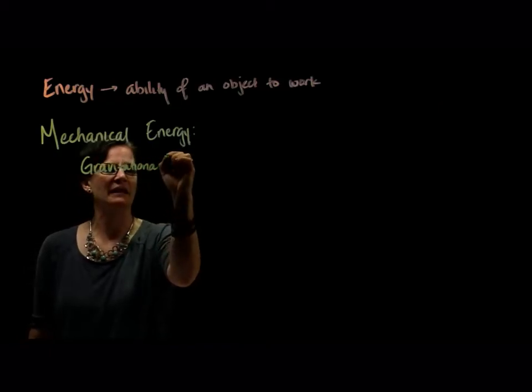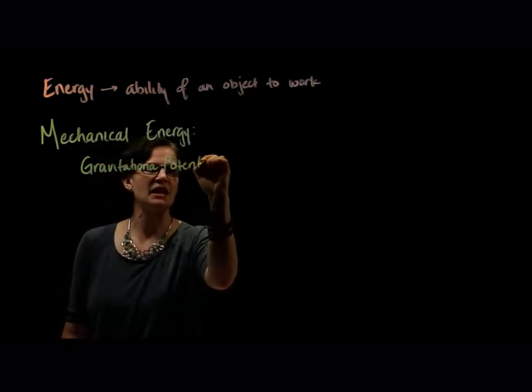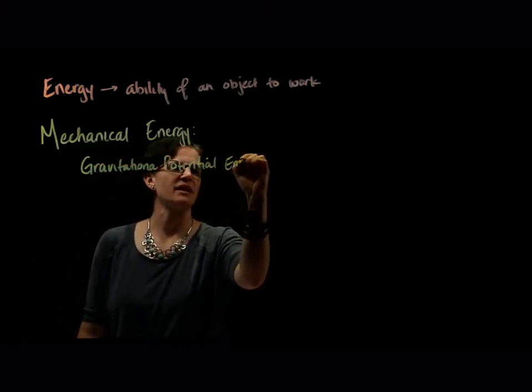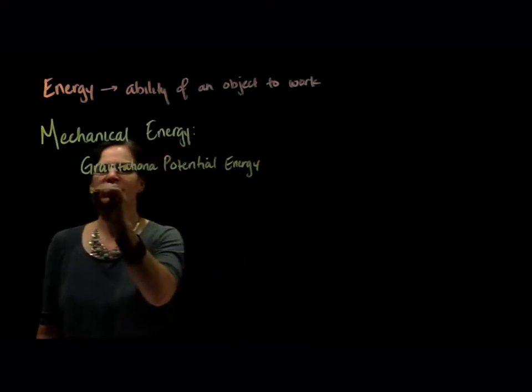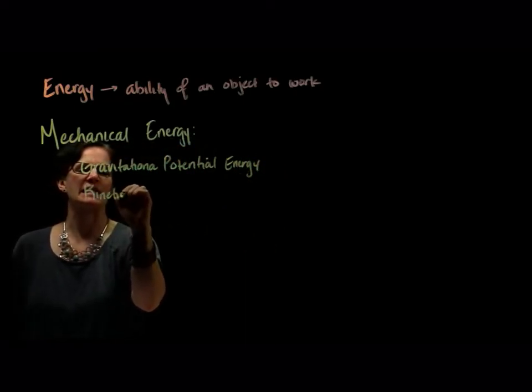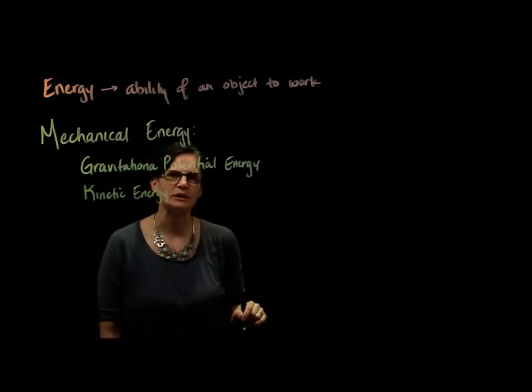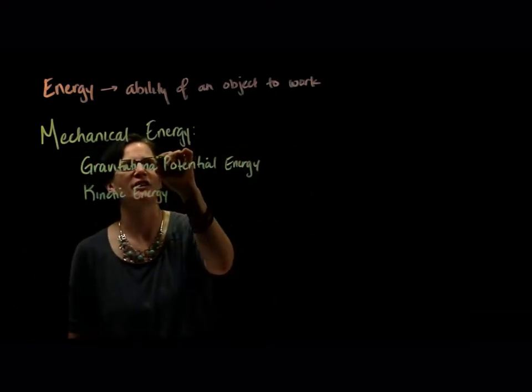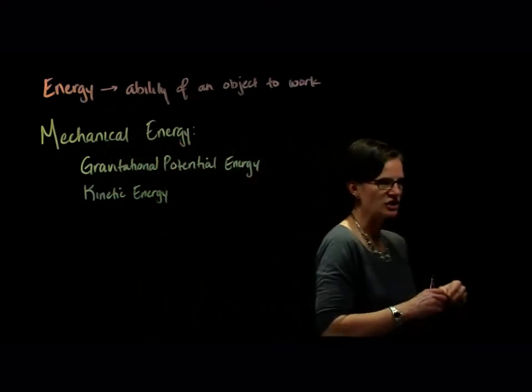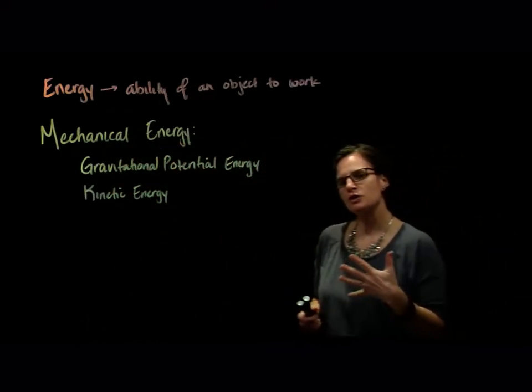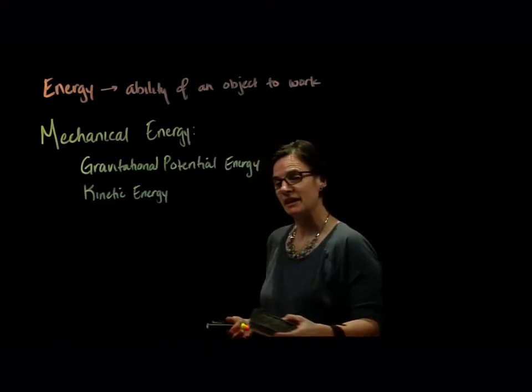So, what are these two types of energy? Gravitational potential energy and kinetic energy. We'll look at one at a time. First, let's talk a little bit about, oops, I forgot an L in there, gravitational potential energy. If I do work on an object, we said we give it energy.